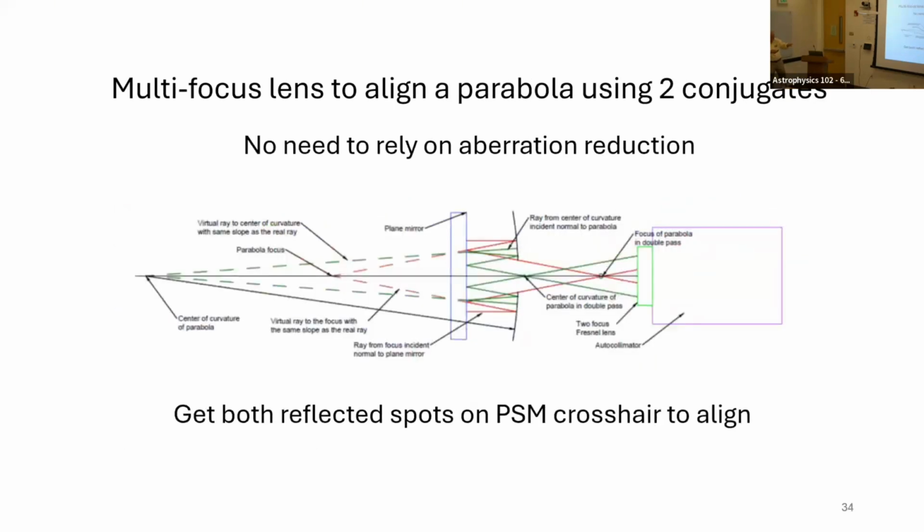This just shows about lining up a parabola. If you've got two foci, they have to be correct for the particular parabola you want. From one focus, you bounce off the mirror and come up to the plane mirror at normal incidence. The other focus, you're coming in and coming back to your parabola at normal incidence.